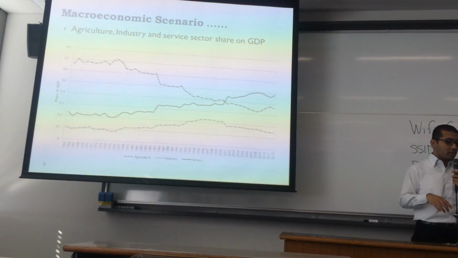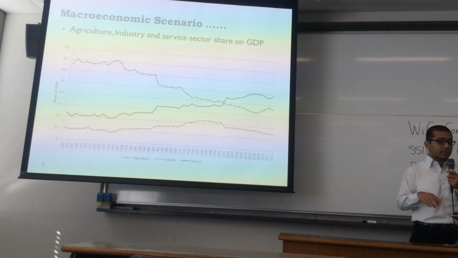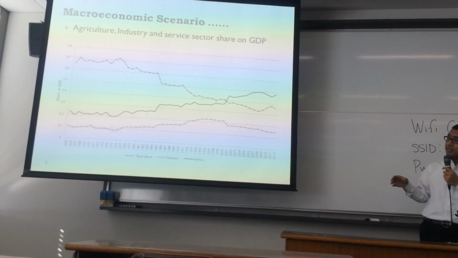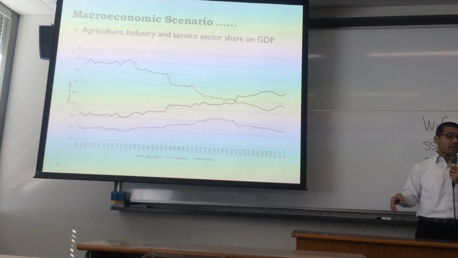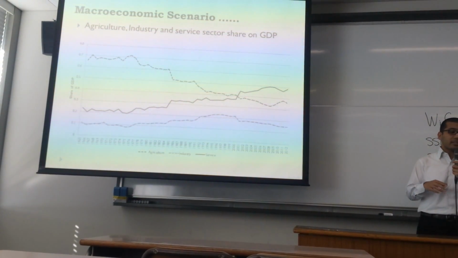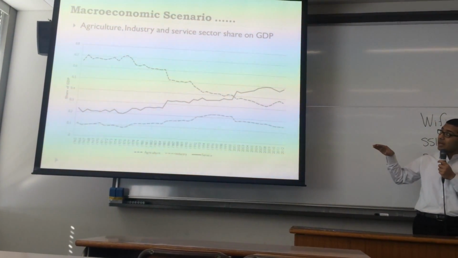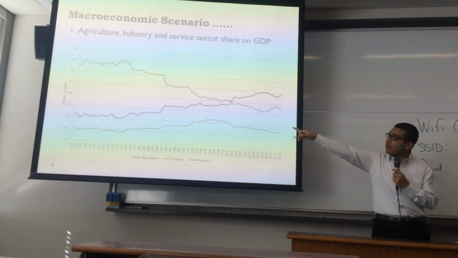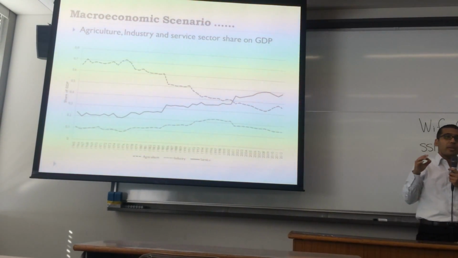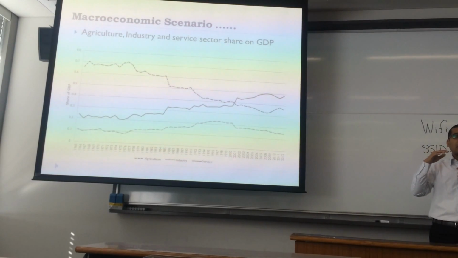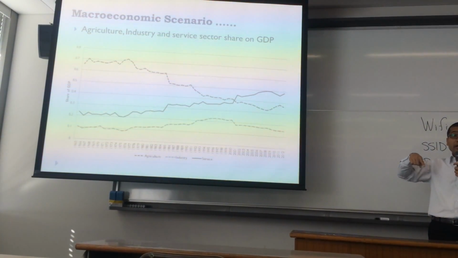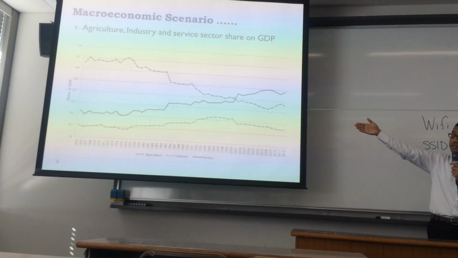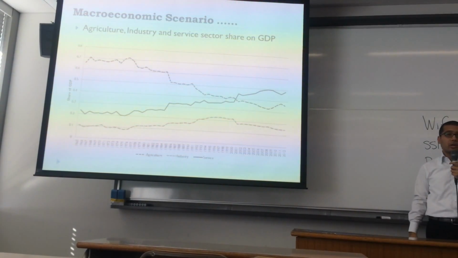However, the share of the industry sector increased up to 2000 and then started to decline. And the service sector is increasing and increased even more after 2000. So we see there is some kind of relationship between the remittance shock and these kinds of effects on the economy.